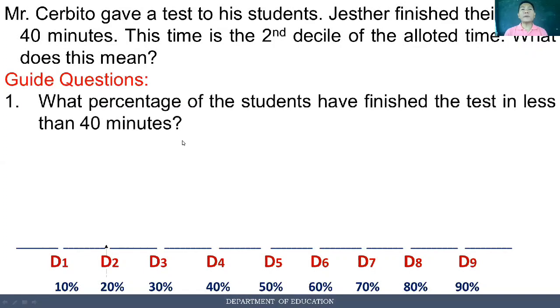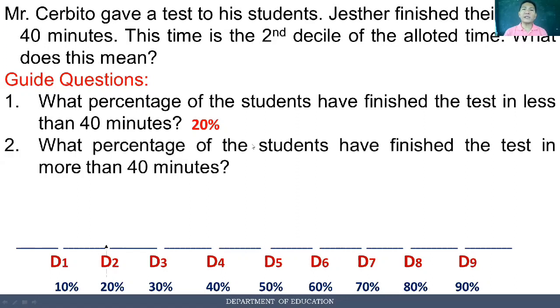So what percentage of the students have finished the test in less than 40 minutes? This one, decile 2 and below. So how many percent? That is 20%. So 20% of the students finished the test in less than 40 minutes.